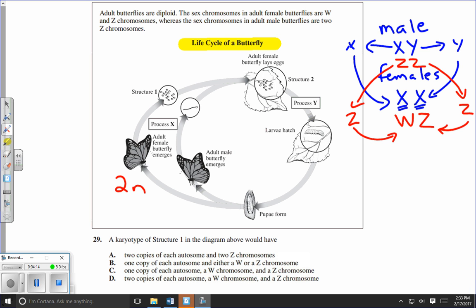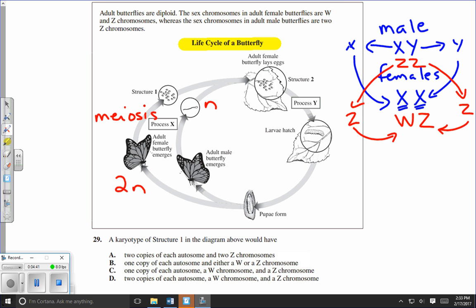Now, in this life cycle, I'm going to go ahead and figure out a few things here. First of all, I can see that we've got adult butterflies that are making structure 1, and this other structure looks suspiciously like a sperm cell, which would tell me that process X is almost for sure going to be meiosis, because sperm cells and egg cells are only N, they're haploid.